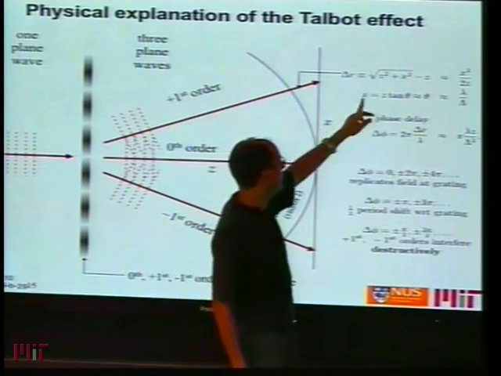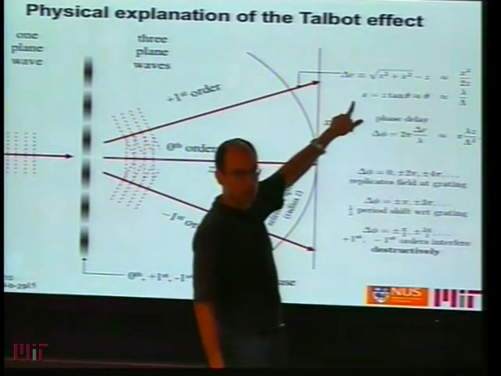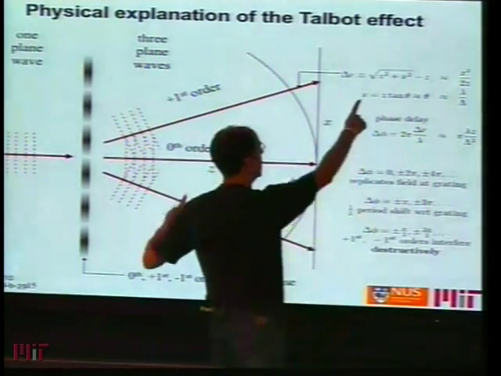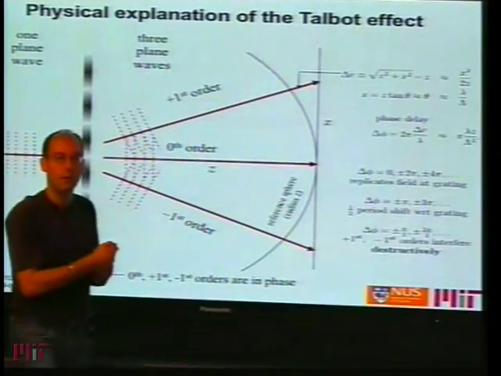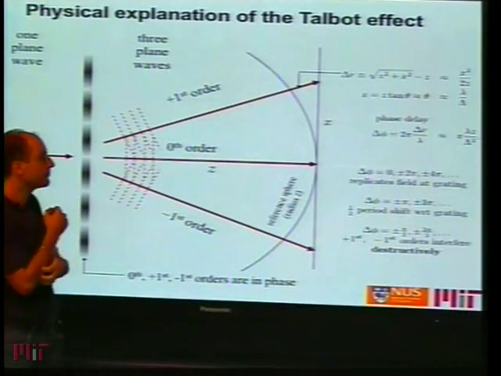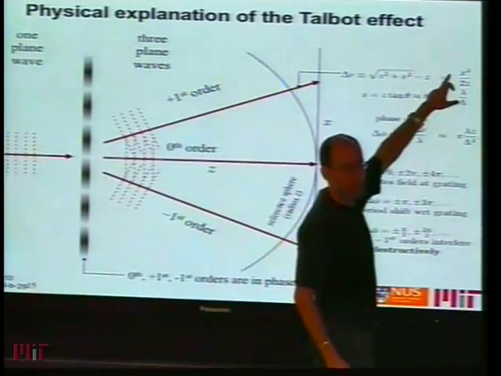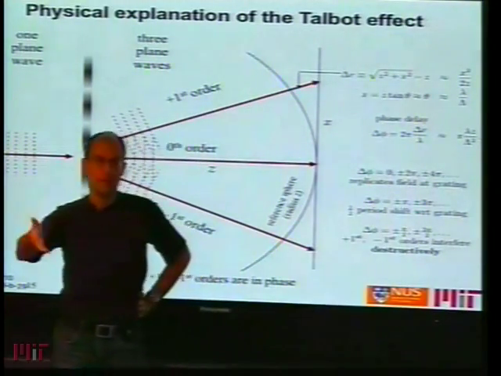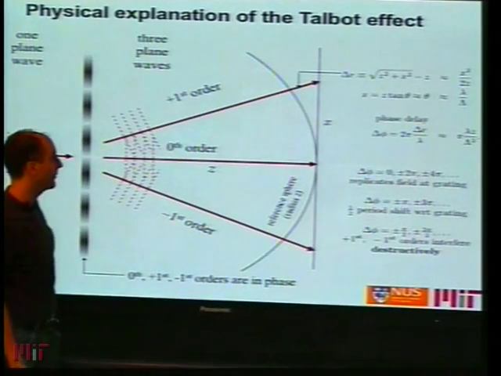It is the difference between z itself and an expression that you get from Pythagoras' theorem, right? So this expression is basically the hypotenuse of this triangle all the way out to the plane. And if you do also the paraxial approximation, then you find that it's given by a quadratic. This is our familiar quadratic term that appears in the Fresnel kernel and in all of these expressions of Fresnel diffraction.